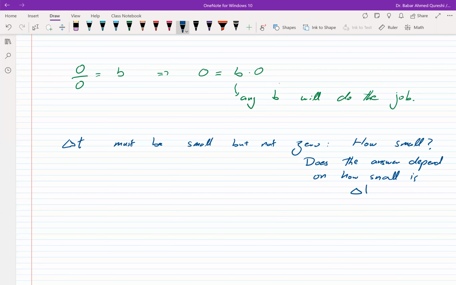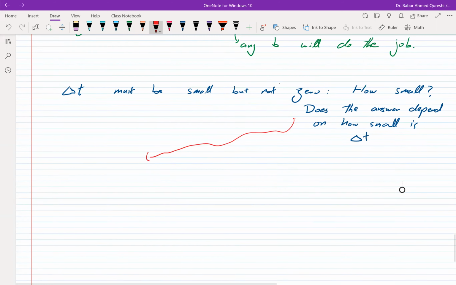This issue is that we should get an answer which should not depend on how small we are taking delta t, and how to decide that we have reached that small delta t, because obviously for some larger delta t, we won't get that answer. How do we decide that we have reached that delta t?